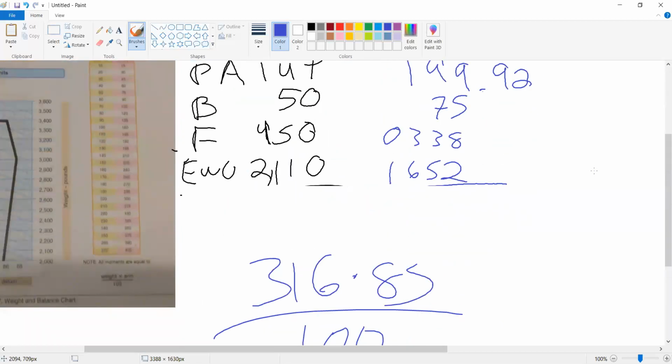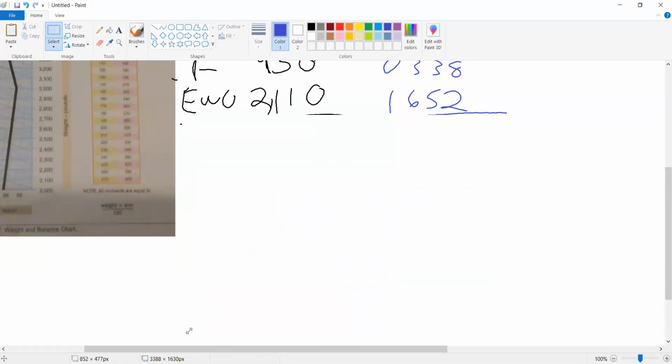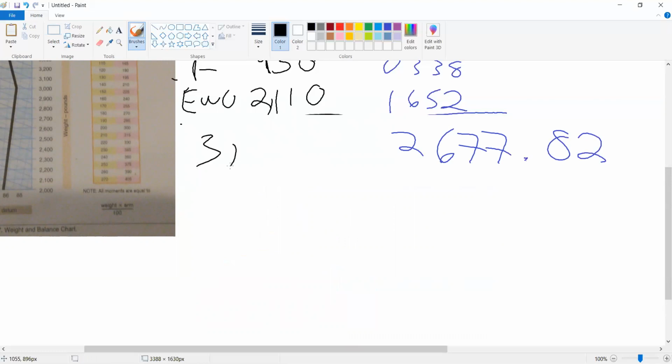All right, now we can tally the sum for each one. So this would be 2677.82. This would be 3,203.